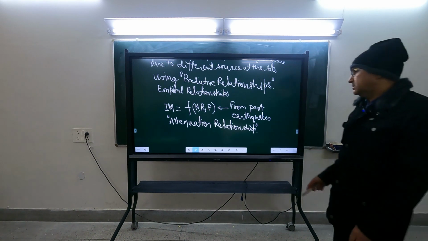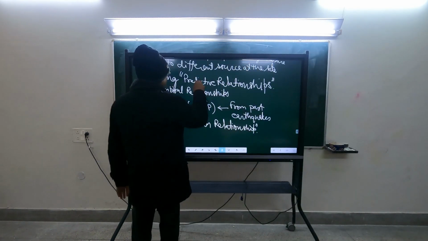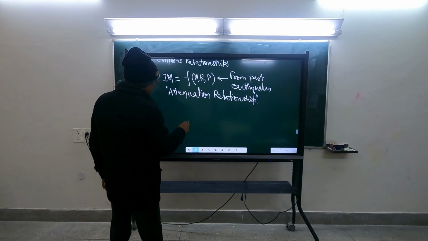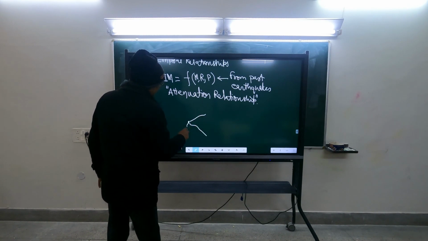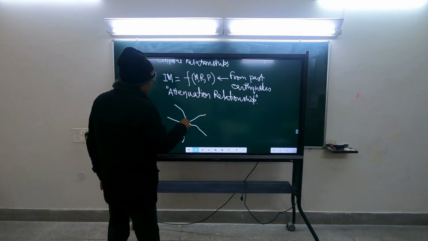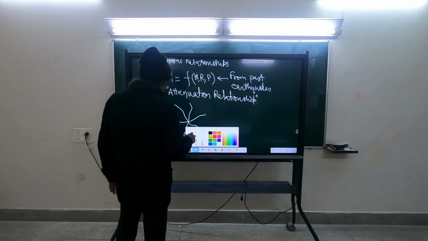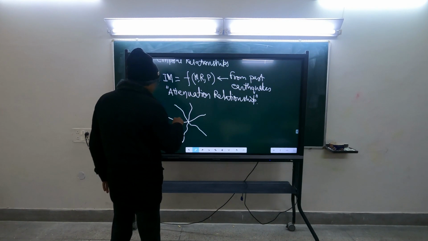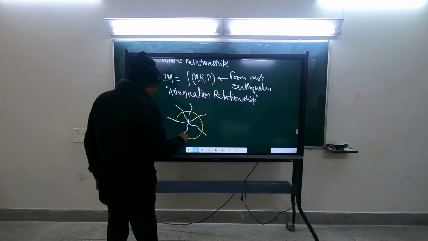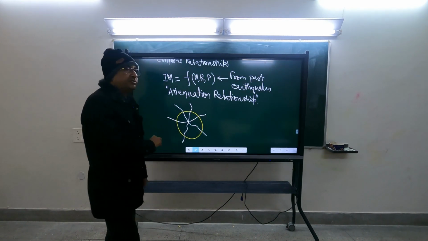You have to understand that when energy starts from any point, it travels in all directions. From this source, the energy is traveling in all directions. If you take a sphere here, the surface area of the sphere will be small.